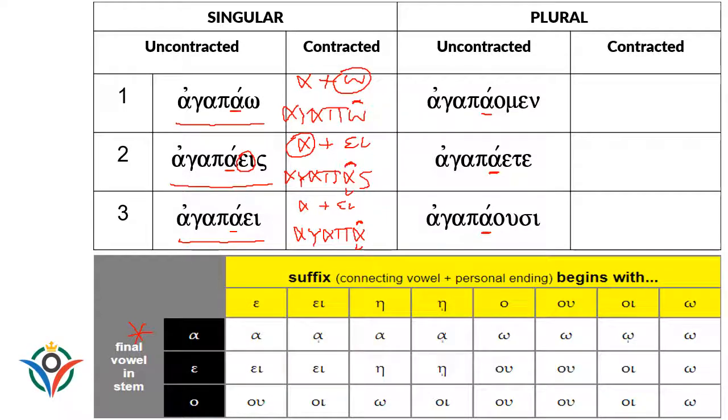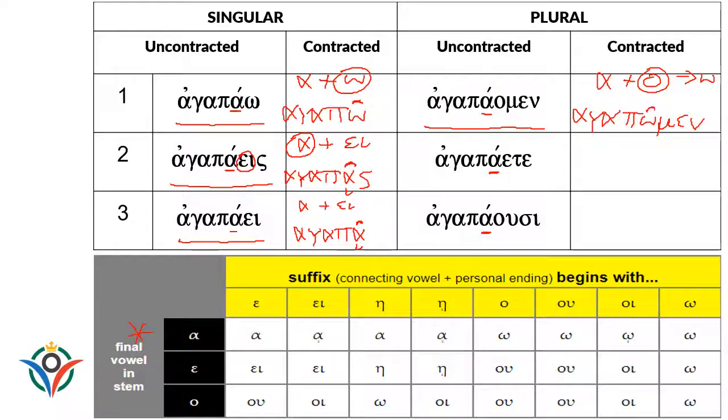Right, then very quickly, the plural forms, we have agapamen. All right, so it's the alpha plus the omicron. And you should be aware now that the omicron will prevail in its longest form, which is the omega. Okay, so let's just now do our new contracted form. It's agapomen.